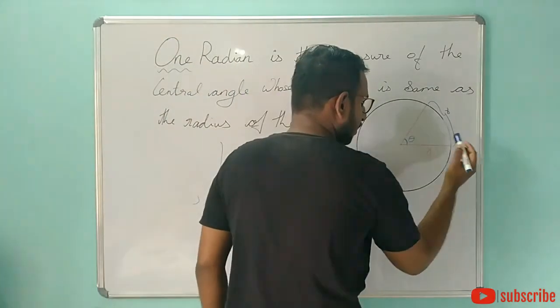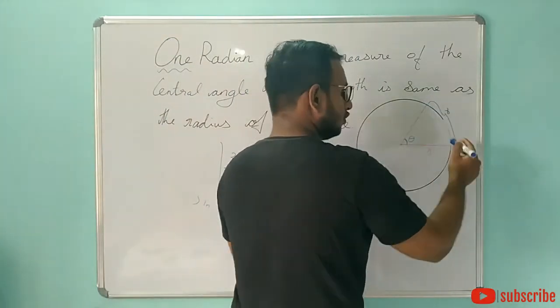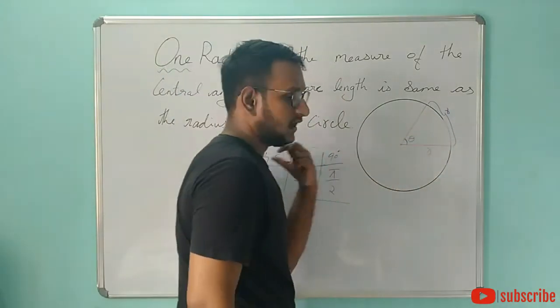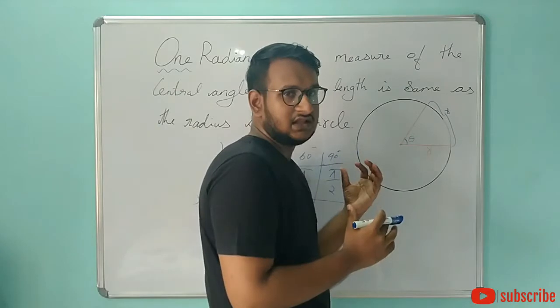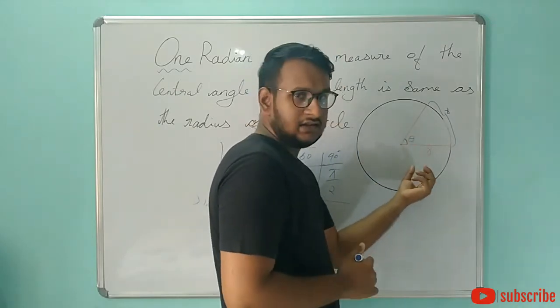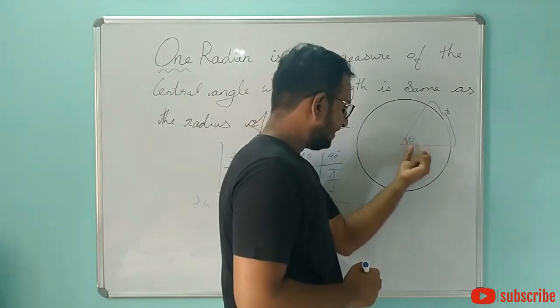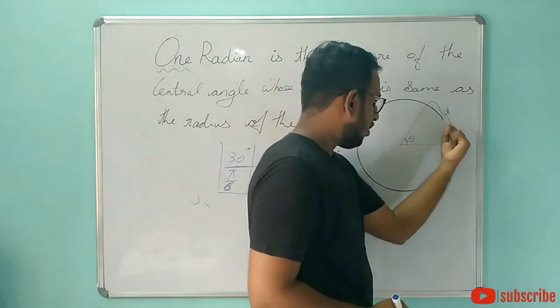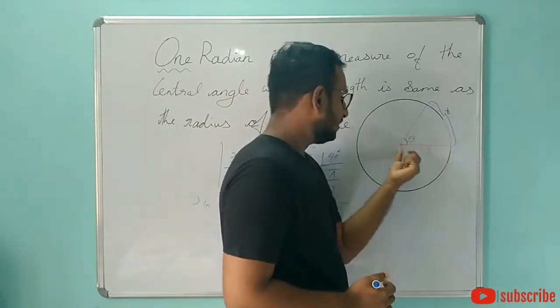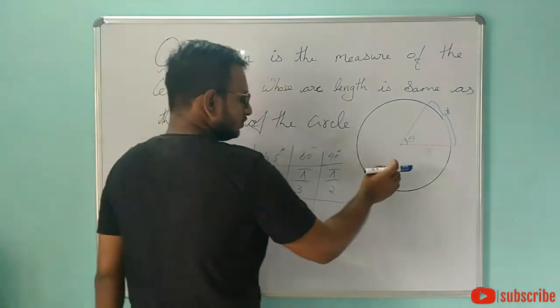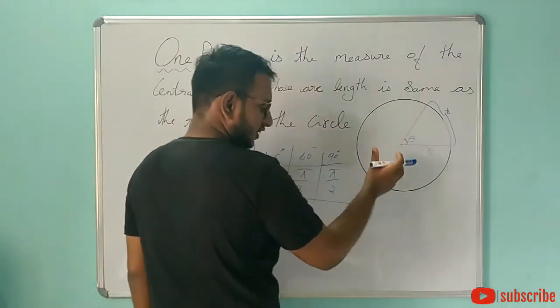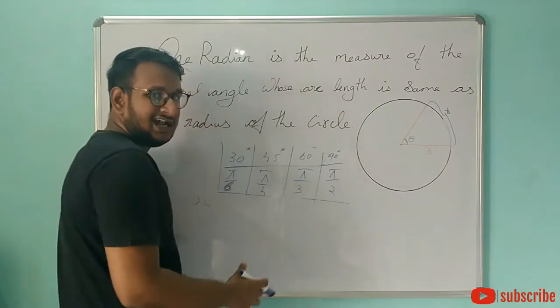The radius of the circle is r, so the arc length will also be r. A radian is nothing but an angle, and if we place that angle, we will have an arc length of r, which is the radius of that circle.